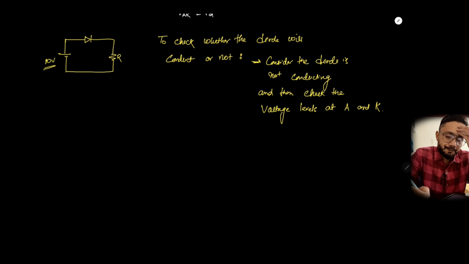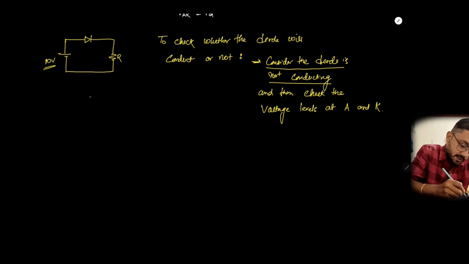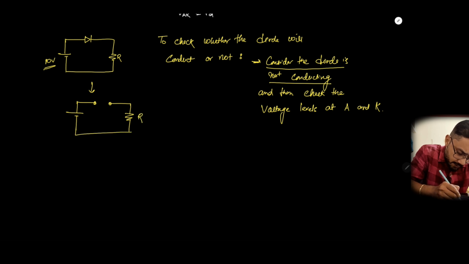Diode is not conducting, and then check the voltage across the points A and K, that is the anode and cathode. So this is the anode, this is the cathode.